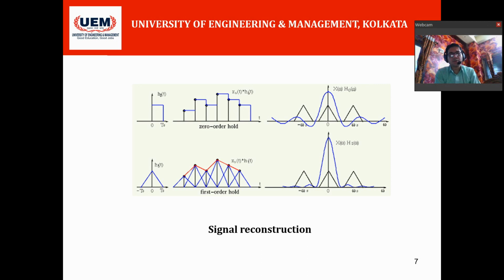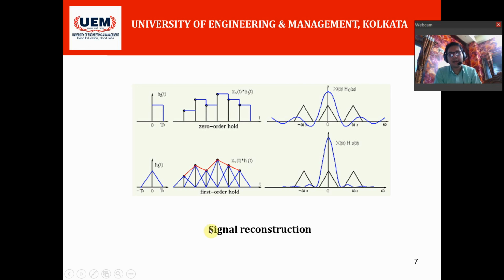Now zero order hold uses a rectangular pulse. What it does is take the samples and simply join them like this, so you get an approximate signal like this. And first order hold is done by using a triangular signal. So that is called a first order hold, by which we can approximate a signal.